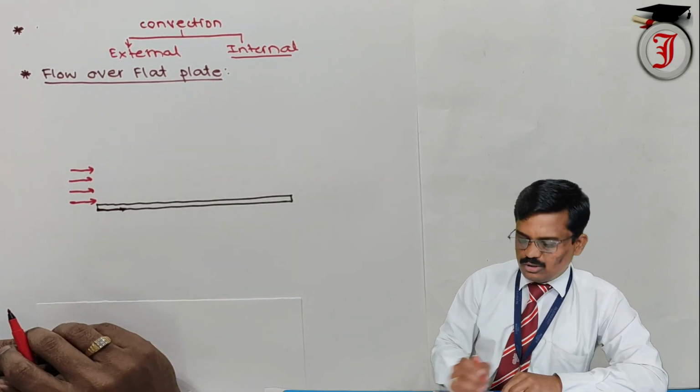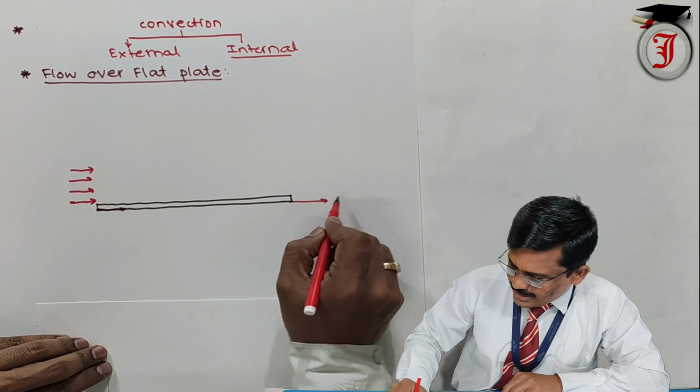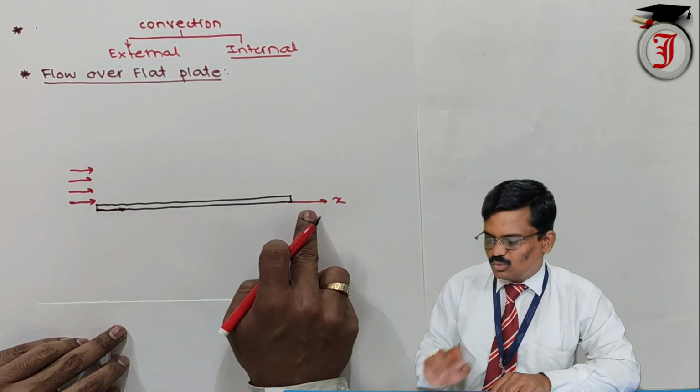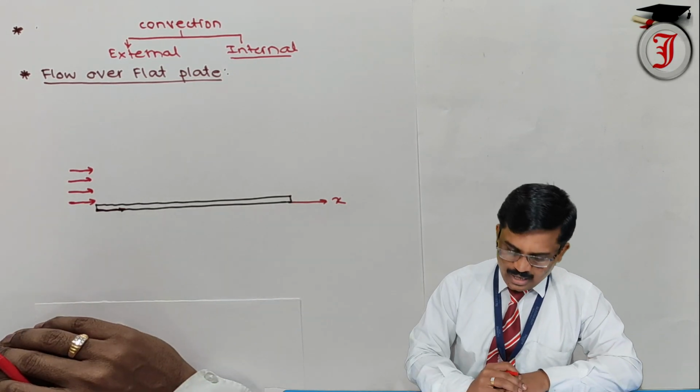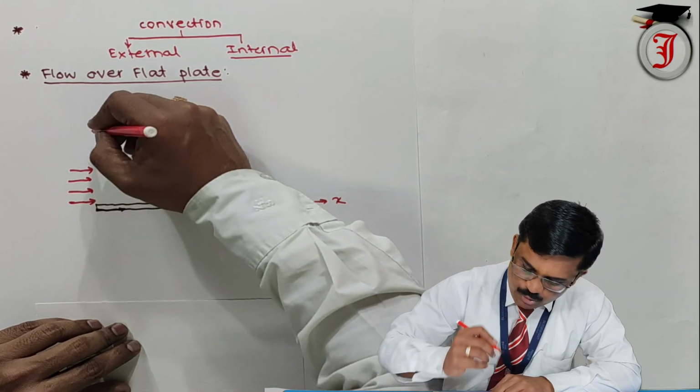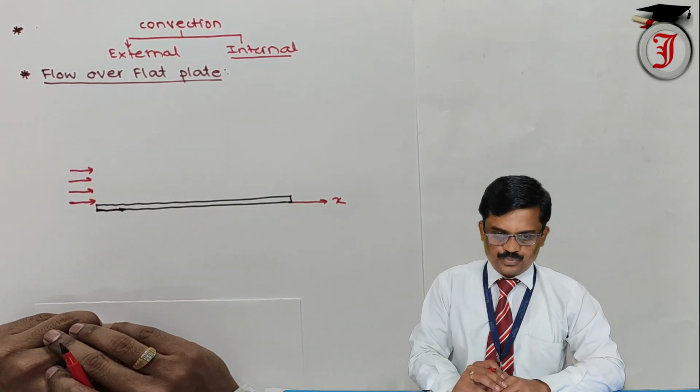Along the length of the flat plate, let us consider the x direction. From the leading edge, towards the right, it is the x direction, and the y direction is measured from the surface, perpendicular to the x direction.